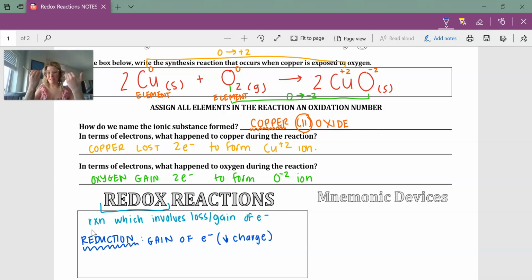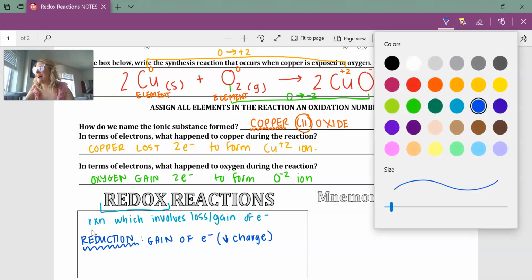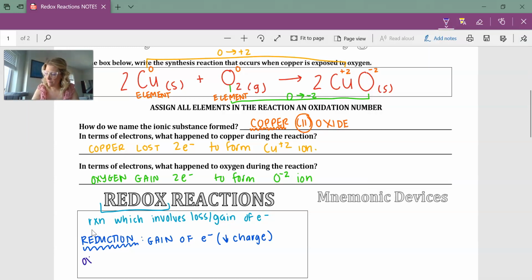Gaining electrons means that the charge is going down, right? We're gaining more negative, our charge is decreasing, okay? Which means that oxidation, okay, indicates that there has been a loss of electrons, okay? And in oxidation, our charge increases, okay?